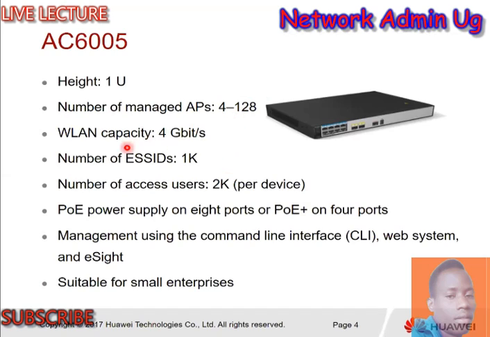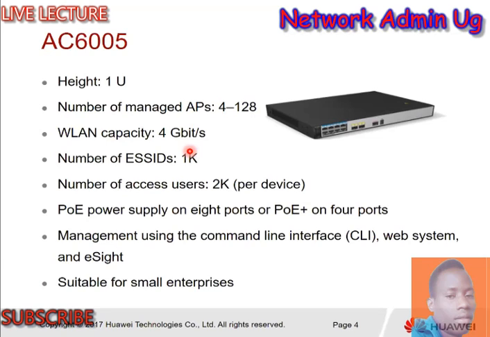It can have a number of extended service set IDs of up to 1,000. Just imagine creating a network that can connect approximately 1,000 other access points together. You can see that it can manage all that.